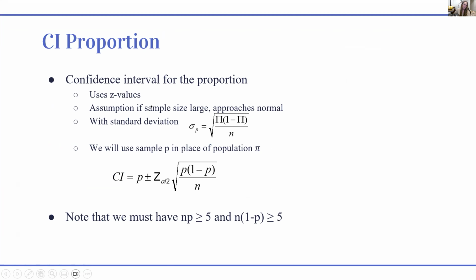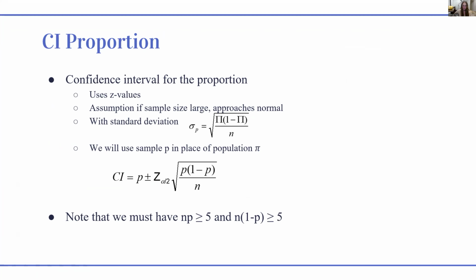You have the assumption that if the sample is over 5 observations, it starts to approach a normal distribution curve. So again, you should have a sample of 5 or more in your proportion. I think that's usually not a problem.